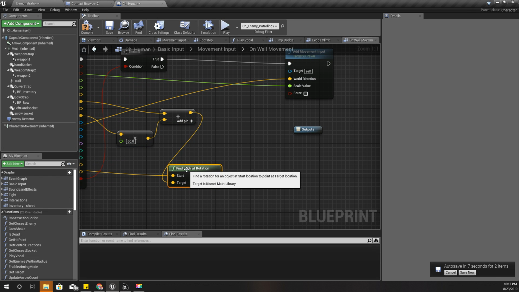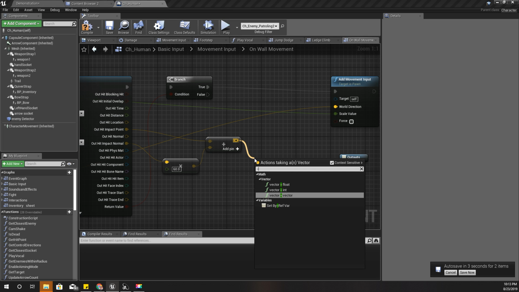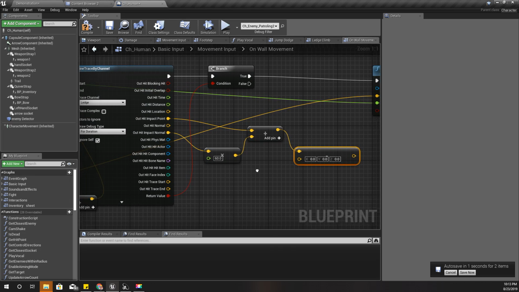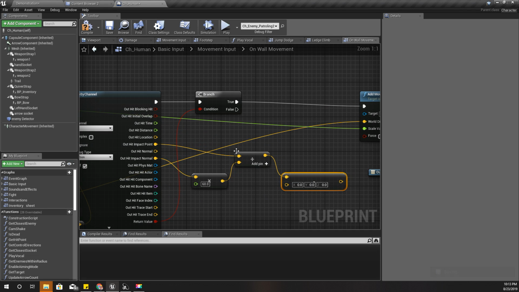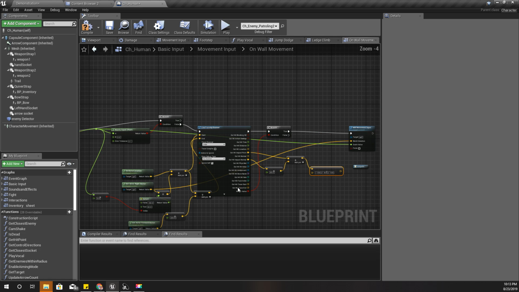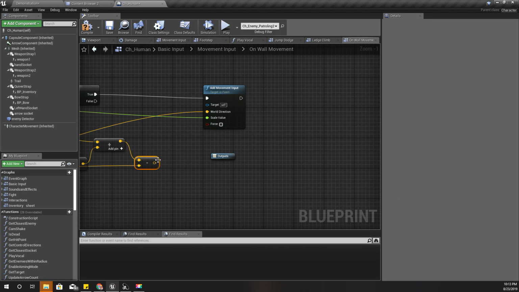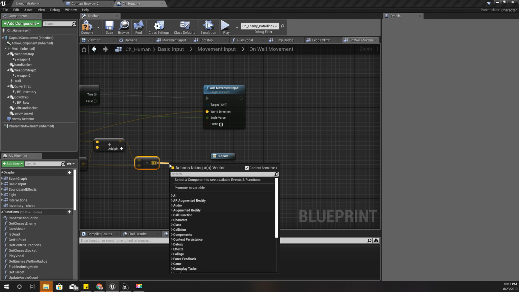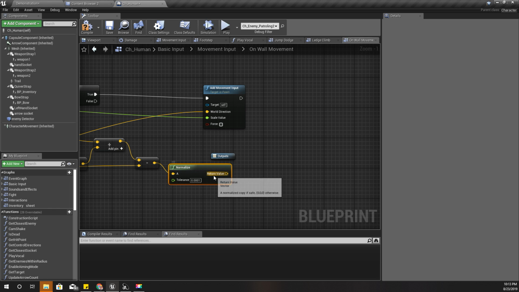Well, not really. I don't have to do this. All I have to do is get the direction vector from this as the target point from the actor's location, and then get the normalized vector.